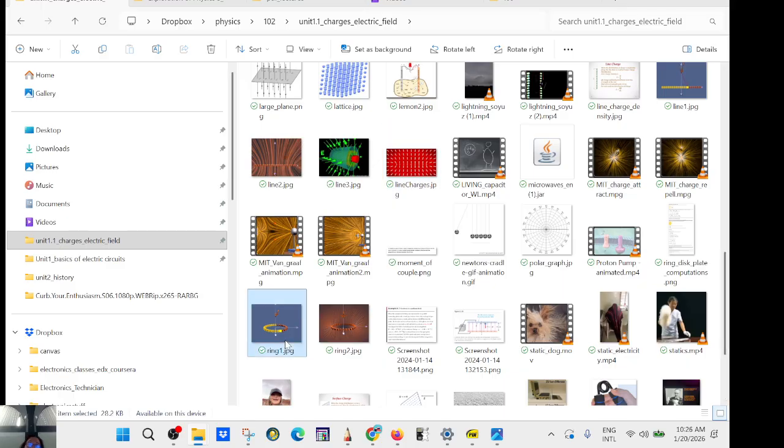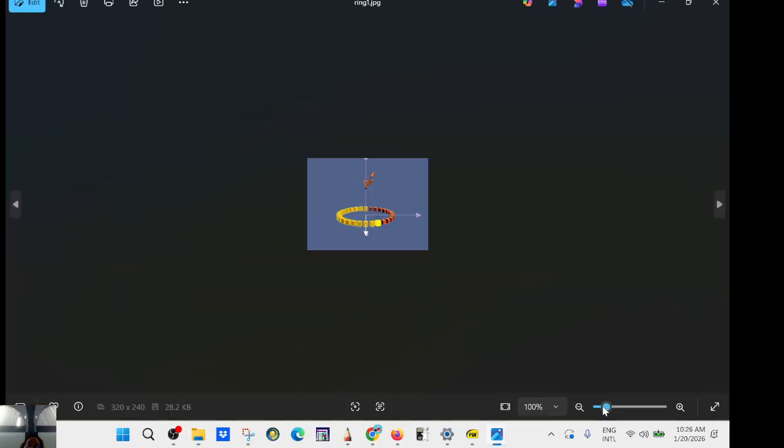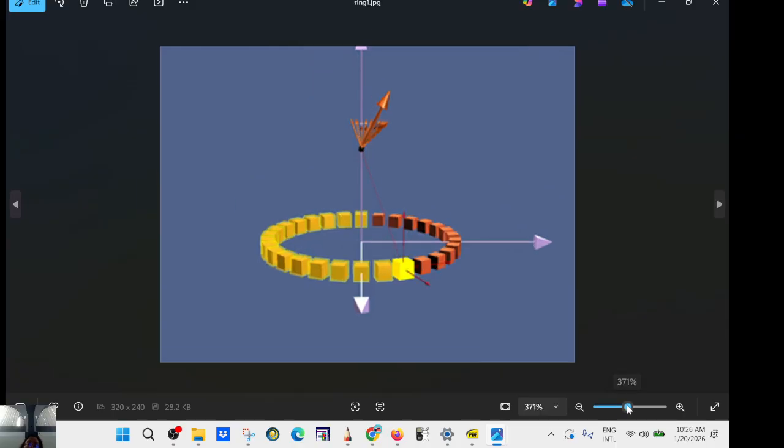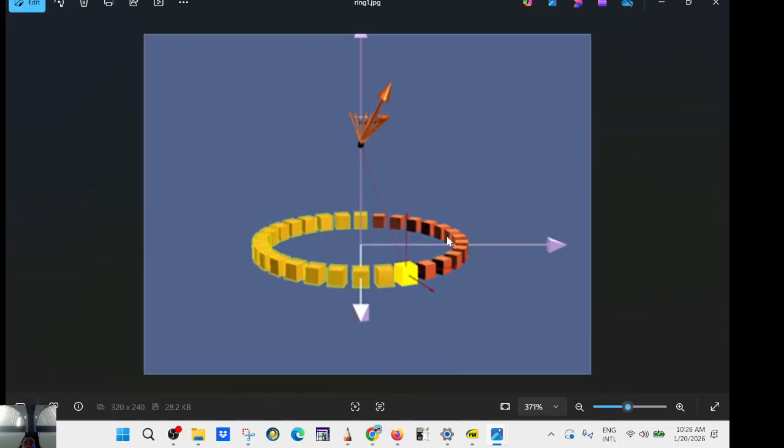Maybe I have a picture. Okay, look at that. So you see how it works. You have a ring. You divide your ring into small dq. Each dq is going to generate a dE, a small electric field. And then you scan. This one is going to generate another one, and this one another one.